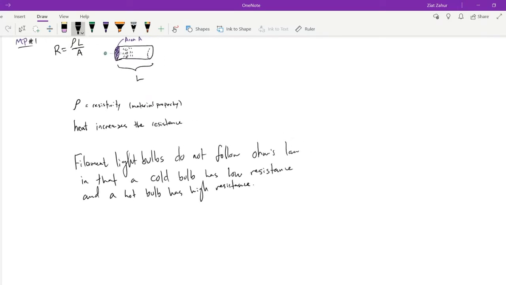So why do you blow out light bulbs? Ever wondered when a light bulb blows out? Usually when you blow out a light bulb, it happens as soon as you turn the switch on. When you flip the switch, you might get a flash, and then the light bulb is gone, it's dead.